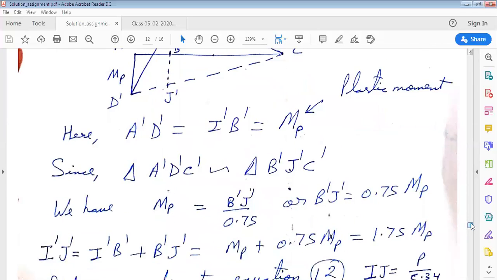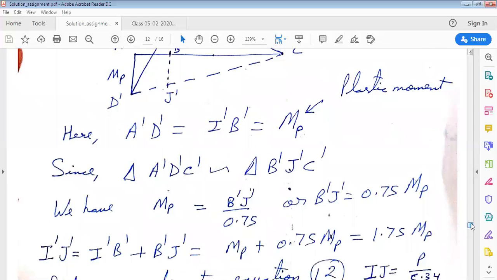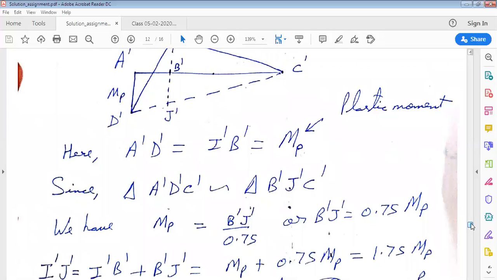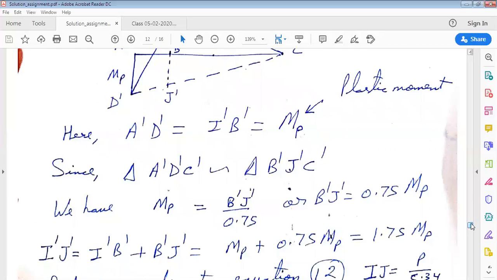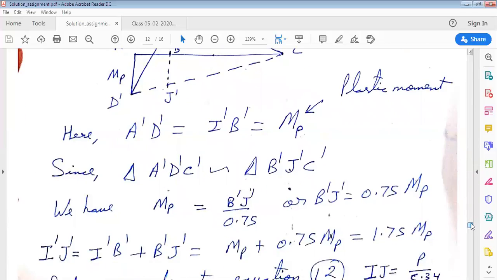And we can find out MP equal to B dash J dash divided by 0.75, or B dash J dash equal to 0.75 MP. And if we add up I dash B dash and B dash J dash, we get I dash J dash as I dash B dash plus B dash J dash equal to MP plus 0.75 MP equal to 1.75 MP.